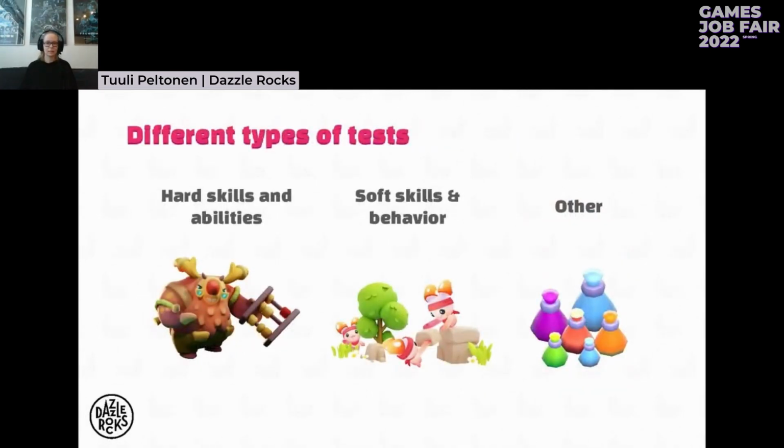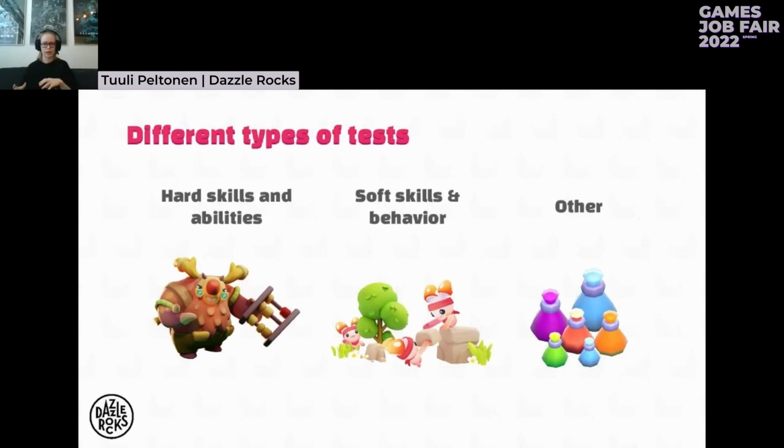Now, there are mainly three different categories of test assignments. The first one measures more of your hard skills and abilities. Let's say, how well can you code, or what are your design skills like? Then the second category measures more of your soft skills, your behavior, your personality, for example, and your culture fit in general.